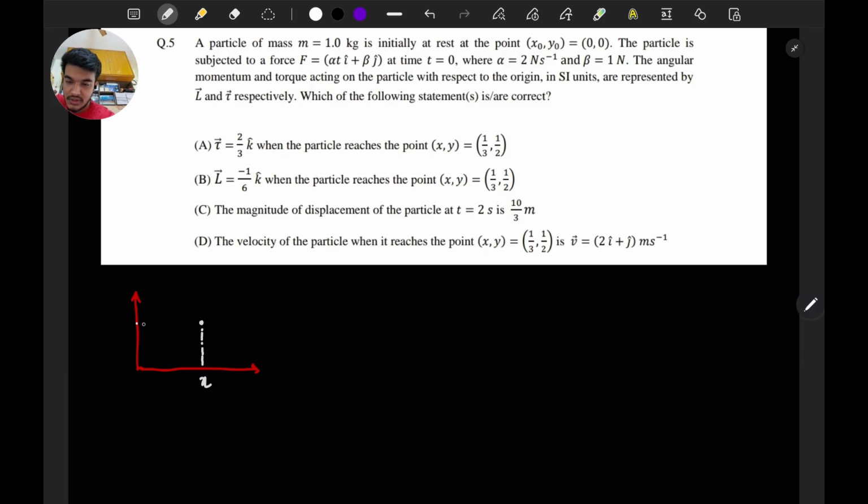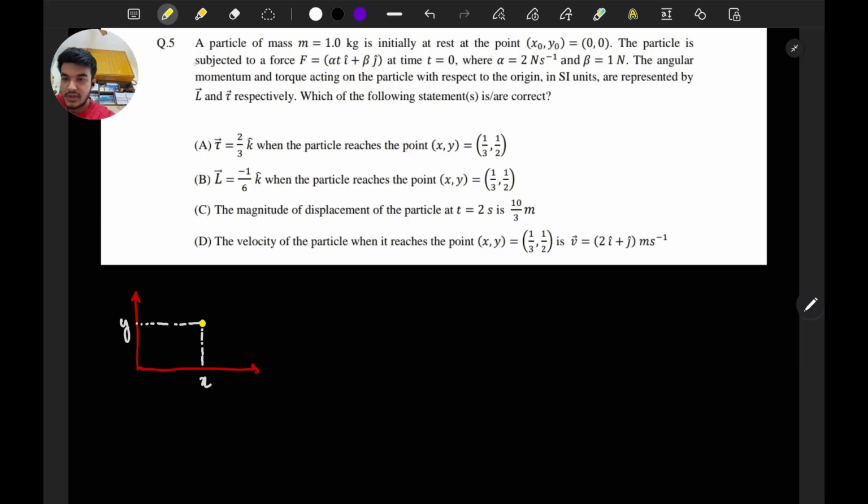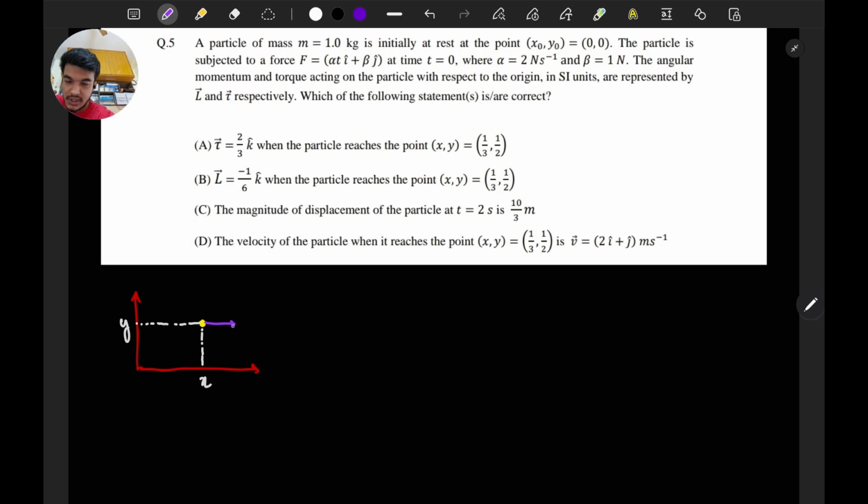What are the forces acting on it? The i component of the force would be alpha t, and this is beta, this is y and this is x, and this is the origin 0, 0.